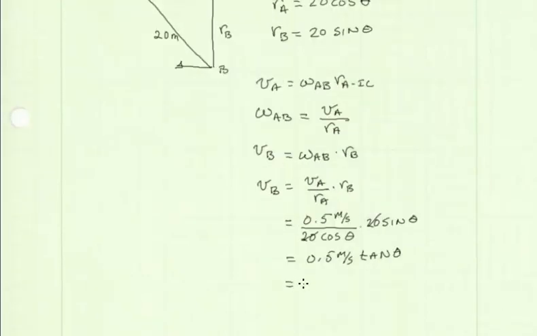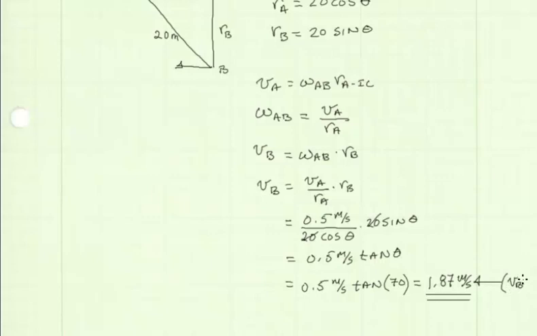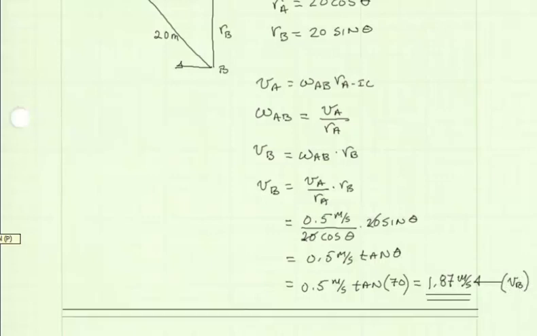In our case, 0.5 meters per second times the tangent of 70 is equal to 1.87 meters per second. That's the end of the problem.